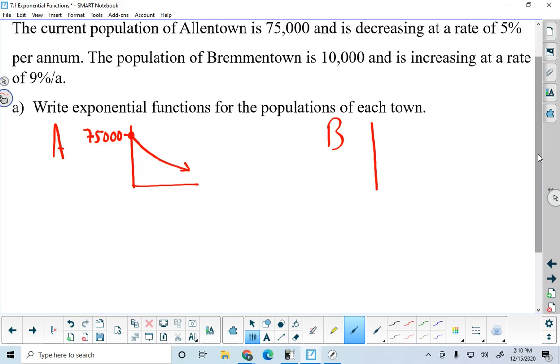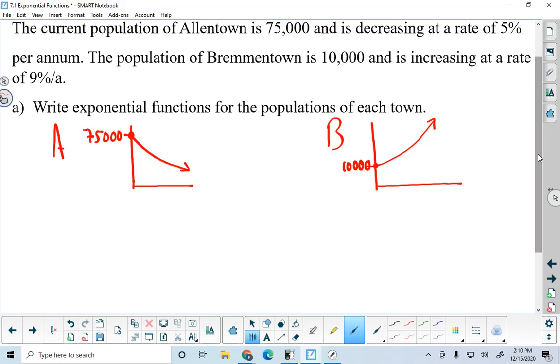Brementown starts off at 10,000, and it's going to look like this, because the population is increasing. And we're asked to come up with equations for these population functions.